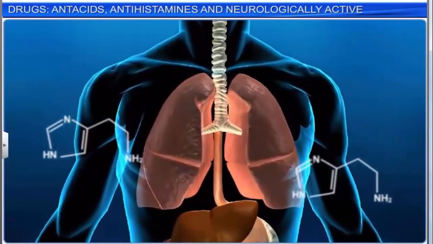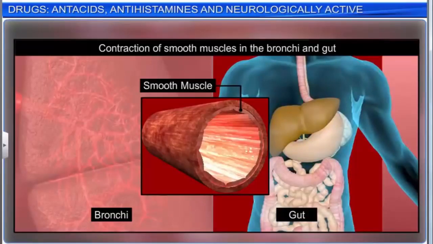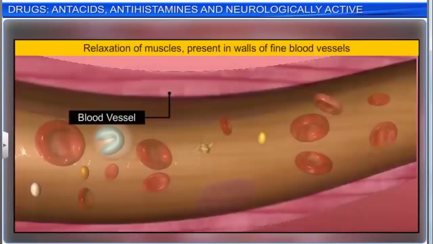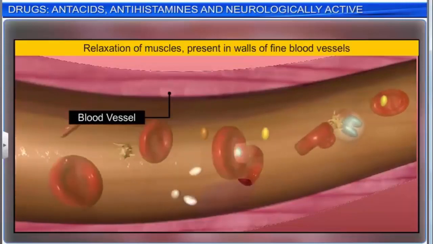Histamine has a variety of actions, including the contraction of smooth muscles in the bronchi and gut, and the relaxation of other muscles, such as those in the walls of fine blood vessels.